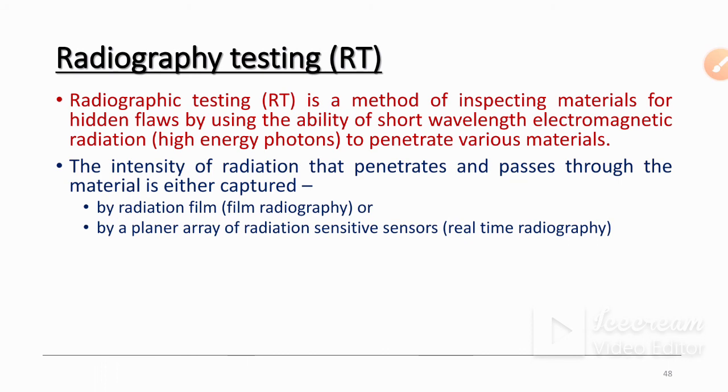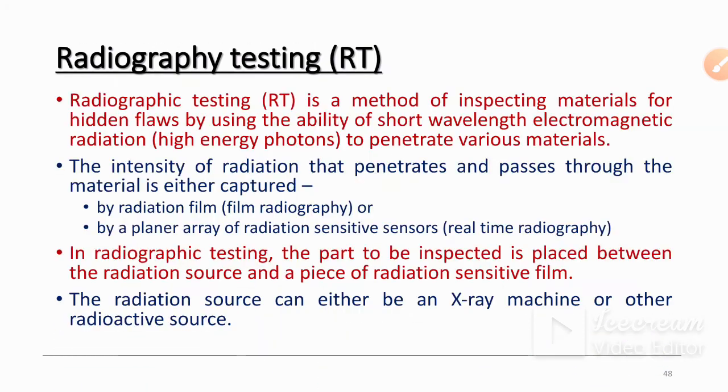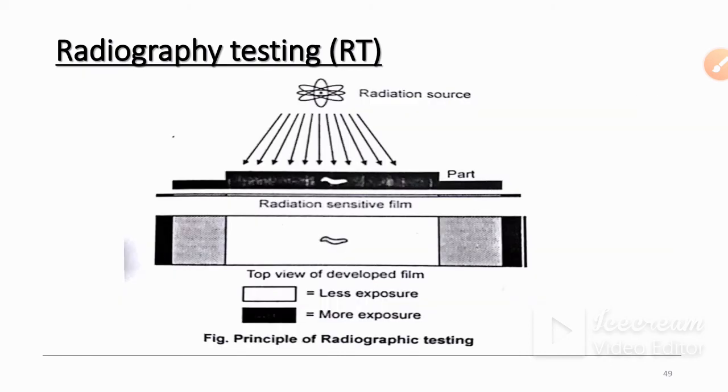The intensity of radiation that passes through the material is captured either by radiation film, radiography, or a planar array of radiation sensitive sensors, real-time radiography. There are 2 methods. In radiographic testing, the part is placed between the radiation source and a piece of radiation sensitive film. The radiation source can be an X-ray machine or other radioactive element sources.